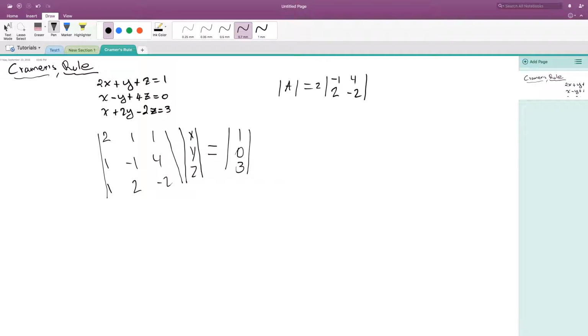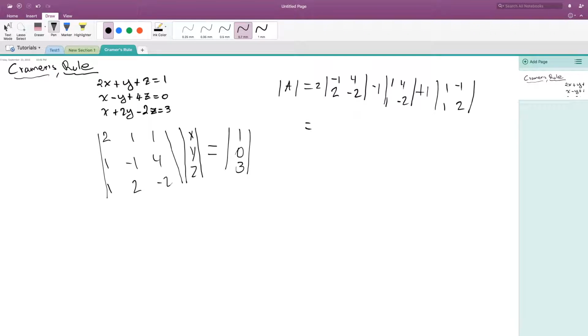Here I'm going to have minus 1, and the mini matrix 1, 1, 4, -2. And next I'm going to have plus 1, and the mini matrix 1, -1, 1, 2.